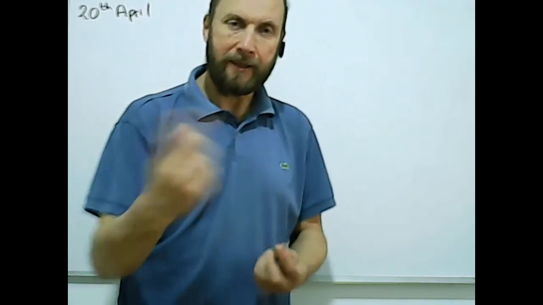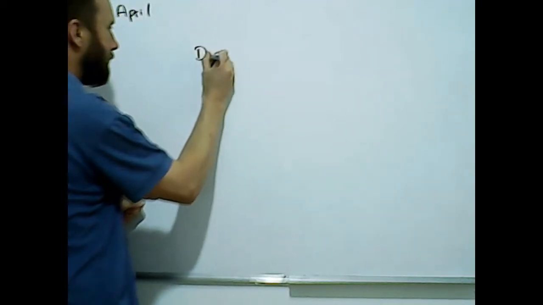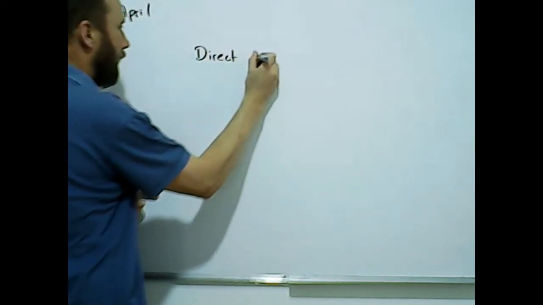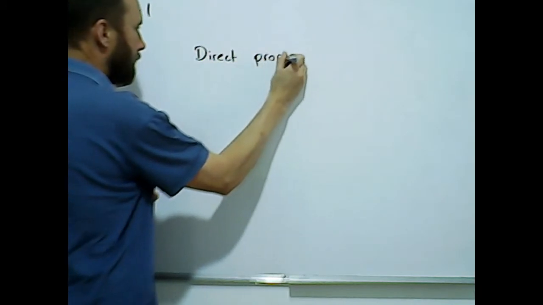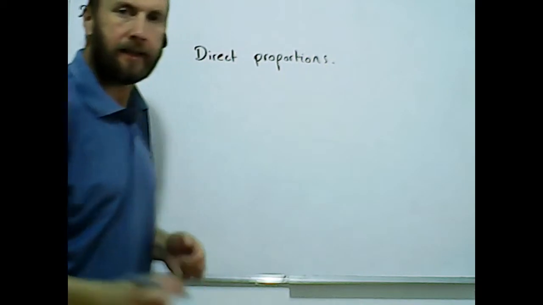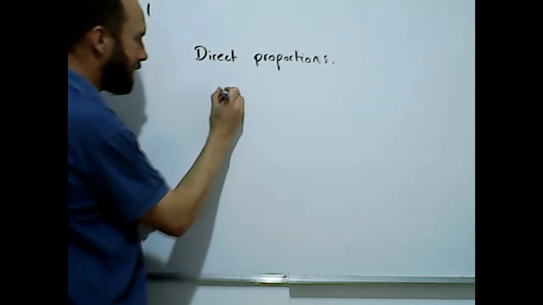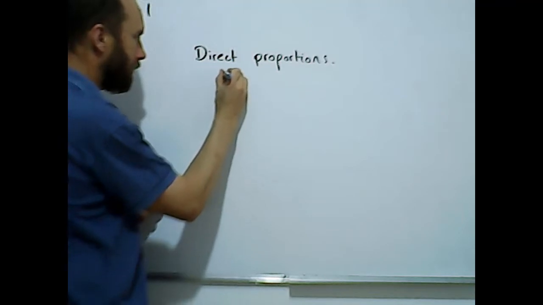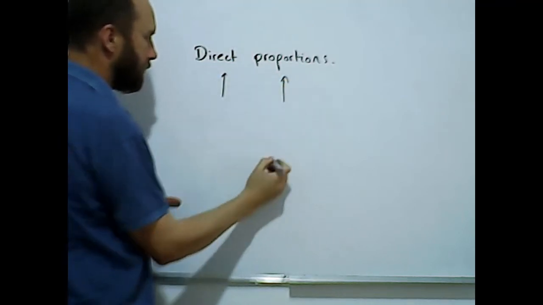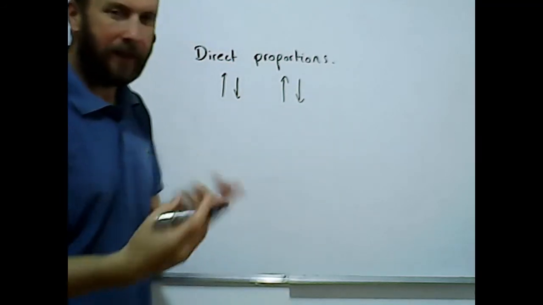So, quick recap from what we did yesterday. Yesterday we looked at direct proportions. Basically, if one side goes up, the other side goes up, or if one side goes down, the other side goes down.